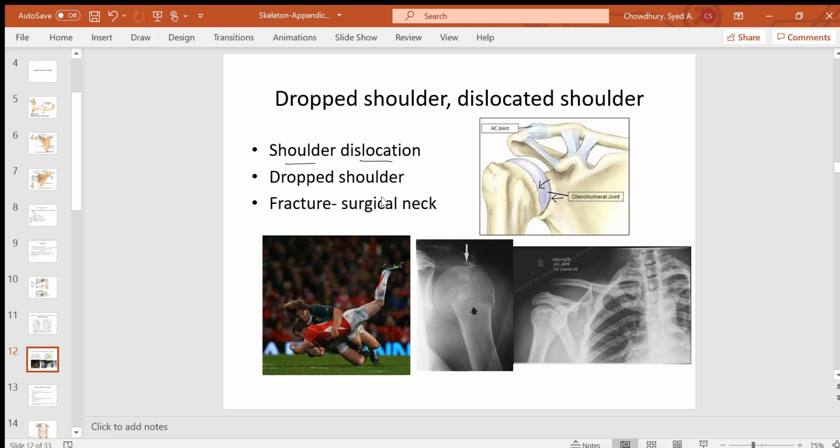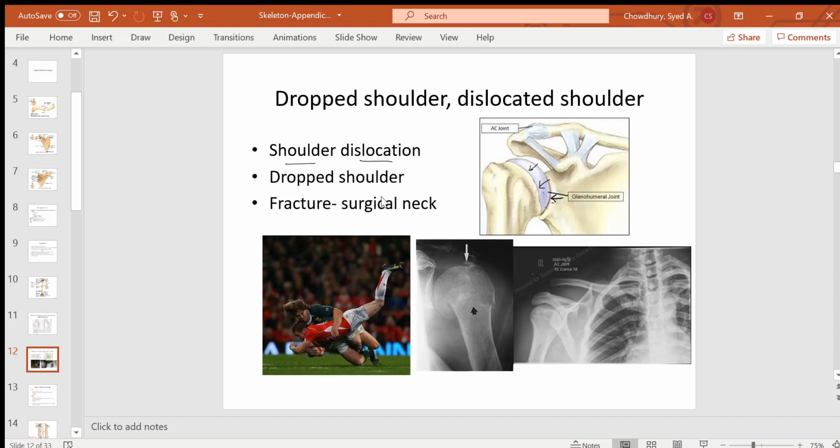It is a shallow socket, okay, or cavity. So what happens, the head of the humerus is not strongly held in the glenoid cavity because of its shallowness. So most part is outside of the glenoid cavity, the head, so it can easily come off from the glenoid cavity, and that is the shoulder dislocation.